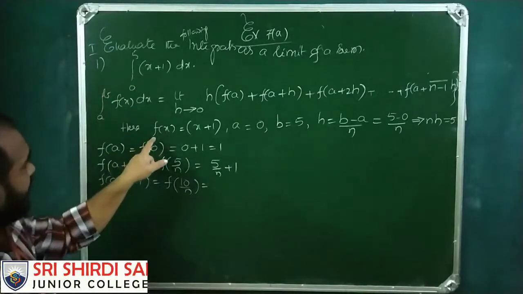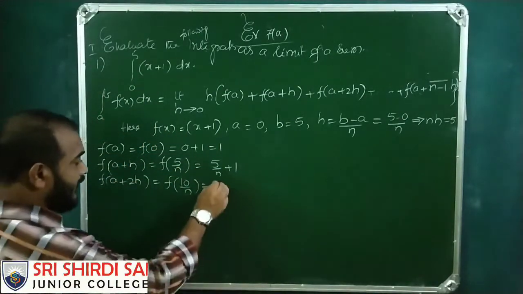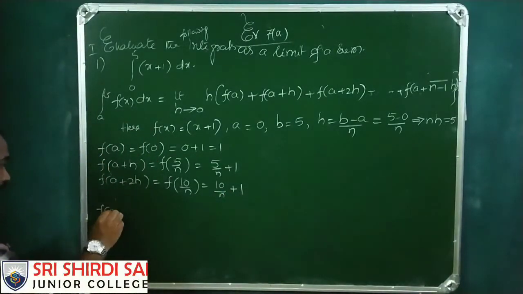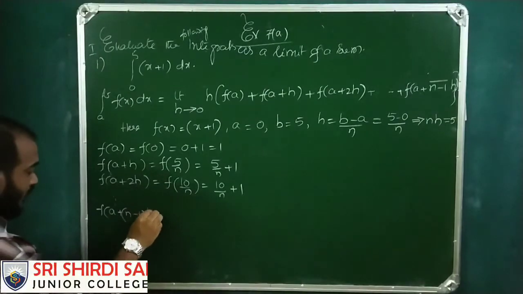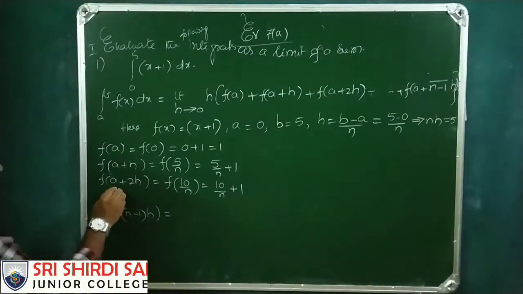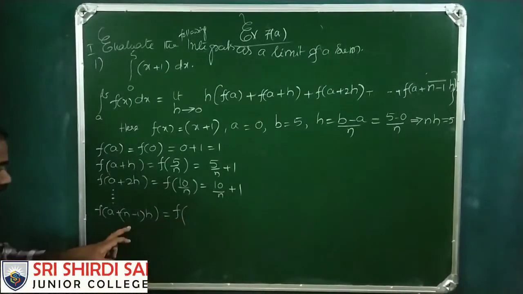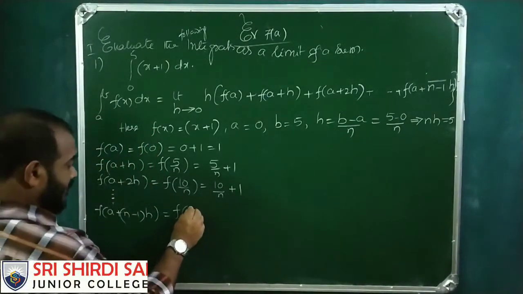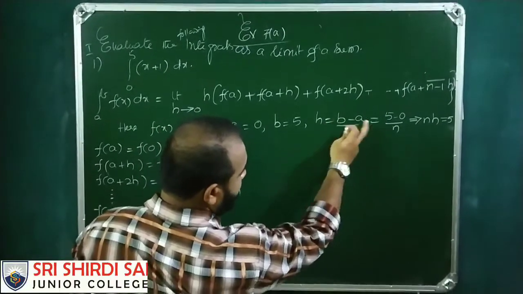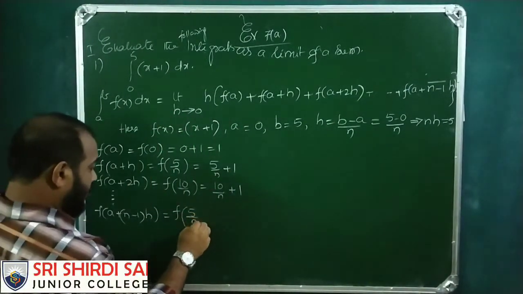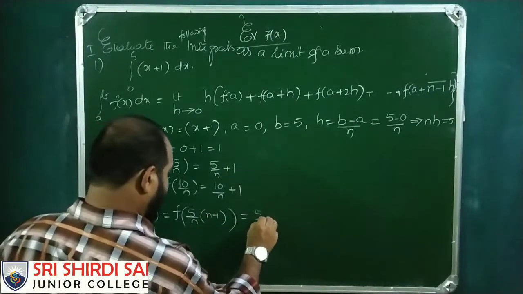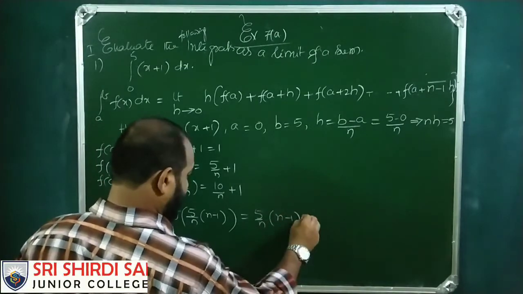If f of x is equal to x plus 1, f of 10 by n is 10 by n plus 1, and it goes on till f of a plus (n minus 1) into h, that is 5 by n into (n minus 1) plus 1.